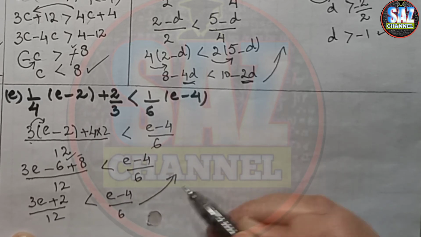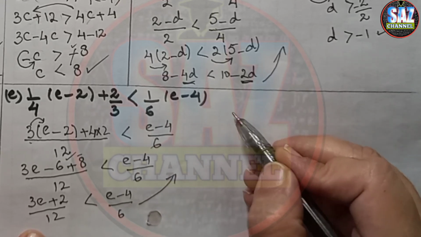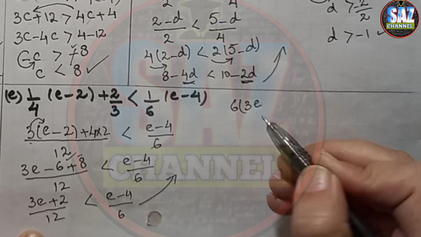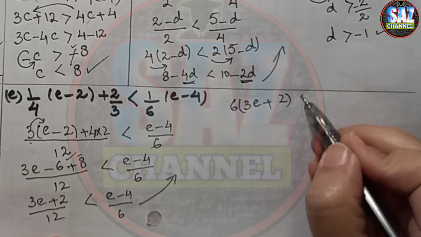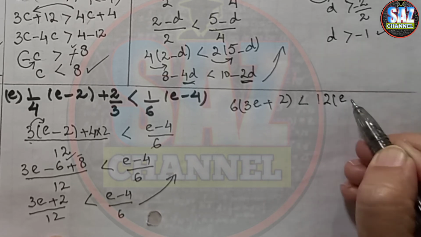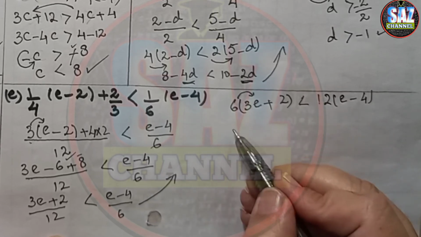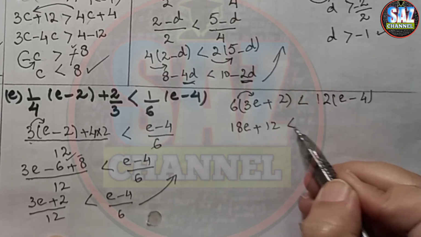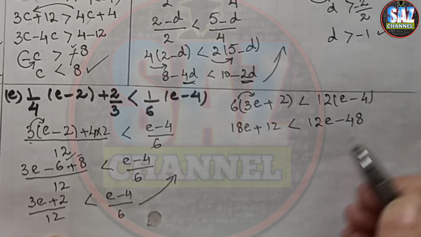Let me move to this side, and now we have to go for cross multiplication. 6 into (3e plus 2) is less than 12 into (e minus 4). Apply the distributive property, 18e plus 12 is less than 12e minus 48.